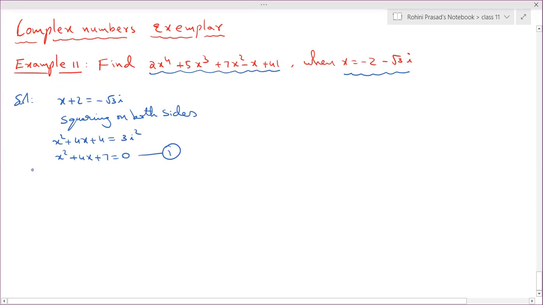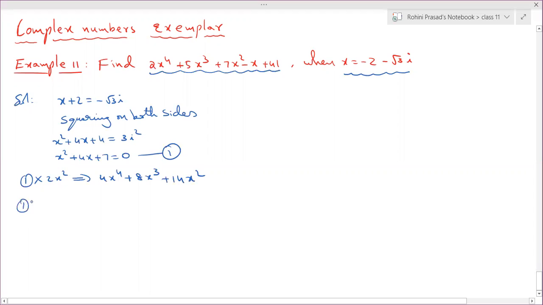That means equation 1 multiplied with 2x square will give us 4x power 4 plus 8x cube plus 14x square. Now you need 5x cube and you have 8x cube, so you need minus 3x cube.